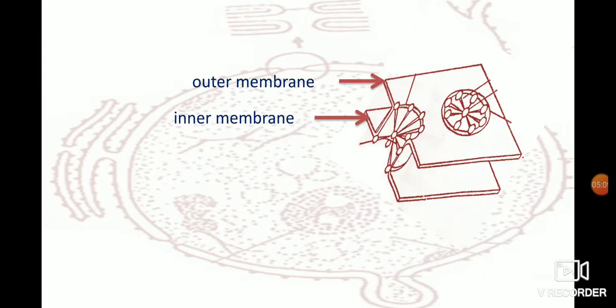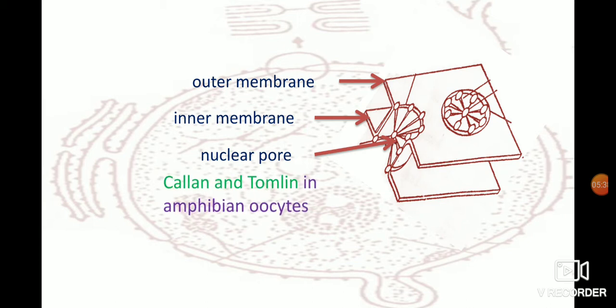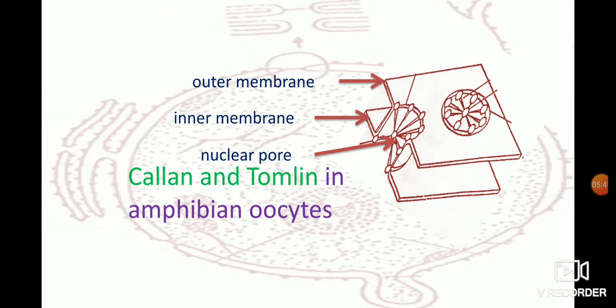The nuclear envelope is perforated with thousands of pores called the nuclear pores. As you can see here, the outer membrane and the inner membrane of the nuclear envelope are perforated by thousands of pores. The nuclear pores were first discovered by Callan and Tomlin in amphibian oocytes.